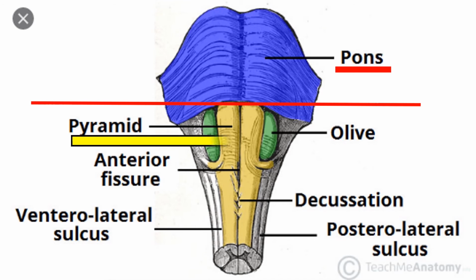The middle one is called the pyramids, and these two pyramids, one on the right and one on the left, they contain what is called the pyramidal system, the motor fibers that come from the brain passing into the internal capsule, and they come down and they go down the spinal cord to supply muscles. Then lateral to the pyramid we have the olive nucleus. We are not going into details of these nuclei.